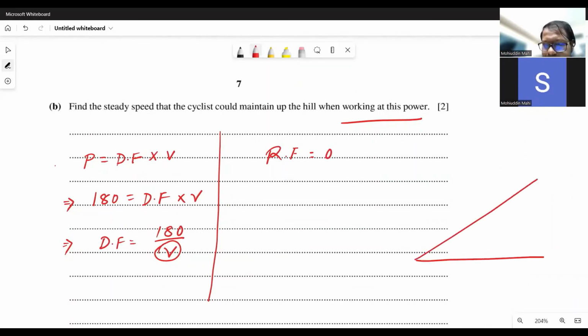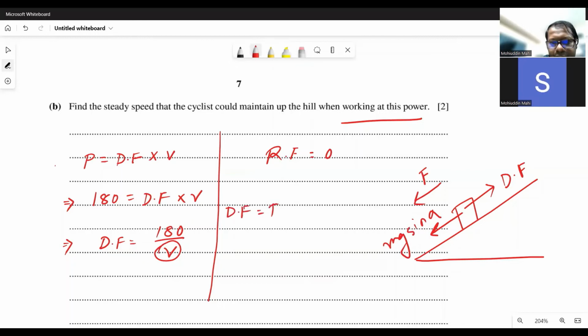So in upward direction, driving force, and in downward direction, mg sine alpha and the resistive force F. So the equation is: driving force equals F plus mg sine alpha.